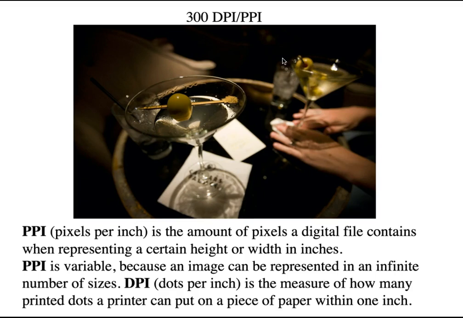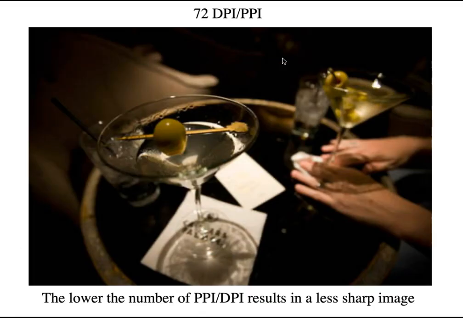PPI is in camera, and DPI, dots per inch, is when we are printing. That refers to how many dots are laid on our printer paper per inch. Again, more dots, more clarity, more sharpness, as opposed to this image, which is 72. So 72 is fine when we are working on the web, actually.